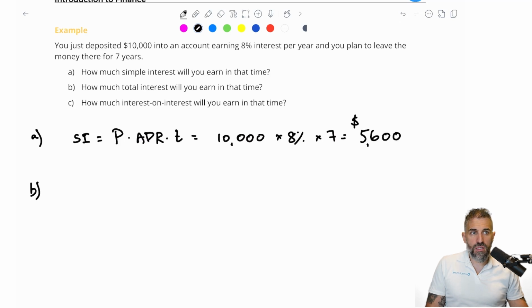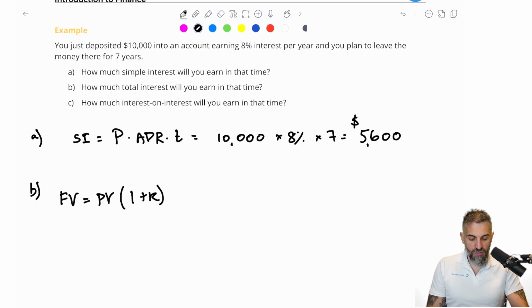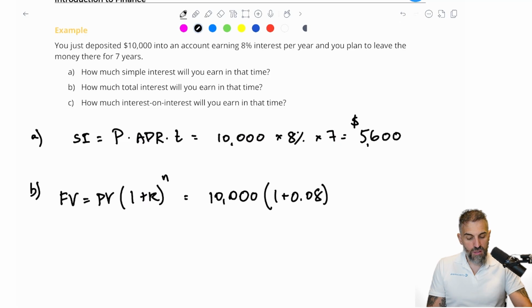So if you started with 10,000, and the formula I'm going to use is future value equals present value multiplied by 1 plus k to the n, right? That formula that I just showed you. Well, if you start with 10,000, that is your initial amount. Your account is earning 8% interest for 7 years. So your k is your rate, 8%, and your n is 7.